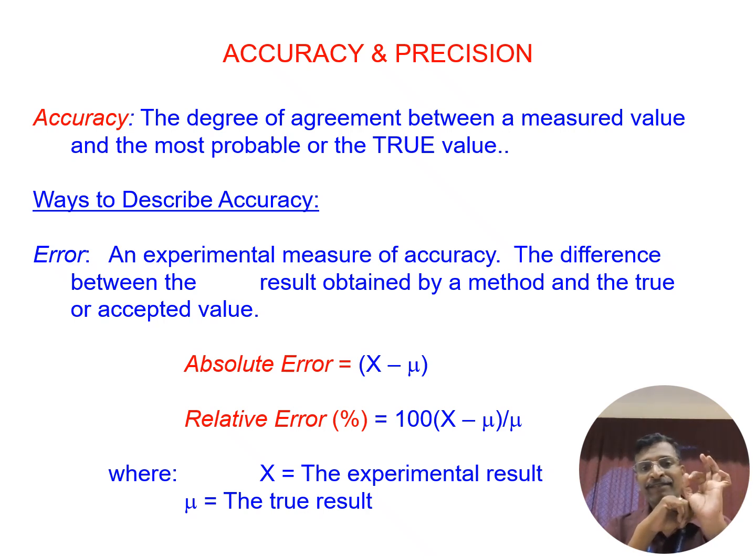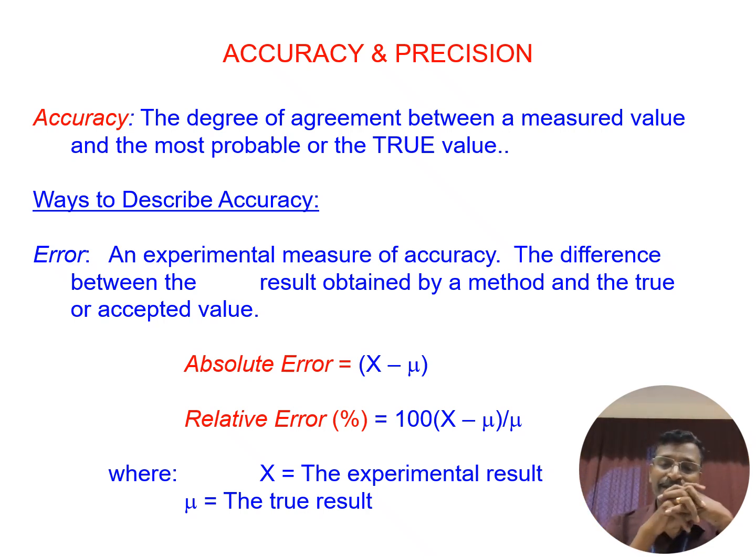The difference between the result obtained by a method and the true or accepted value. That is accuracy. Okay, so it is related to absolute error. Absolute error means the real value minus the observed value.